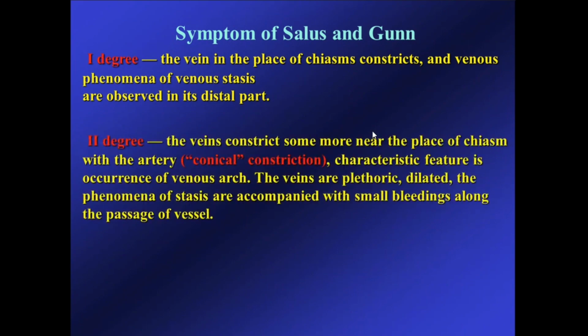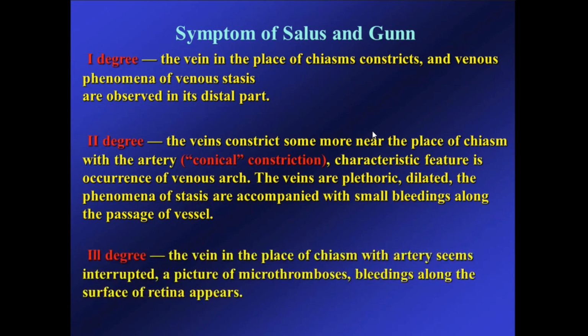The second degree, the vein constricts some more near the place of chiasm with the artery, conical constriction. Characteristic feature is the occurrence of venous arc. The veins are plethoric, dilated. The phenomena of stasis are accompanied with small bleedings along the passage of vessels.